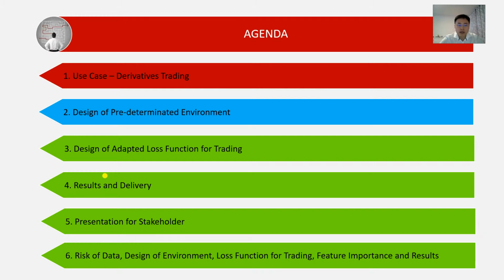The fifth part is the presentation for stakeholders, some kind of summary of the risk, and also some more explanation in general. And the last is the loss function, and also showing you some results. Let's start.